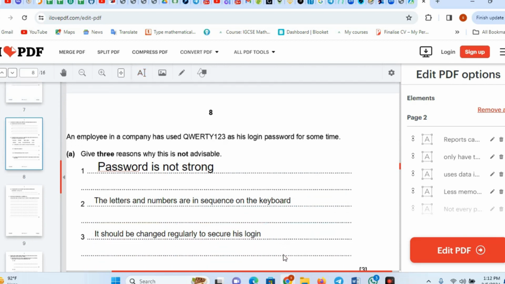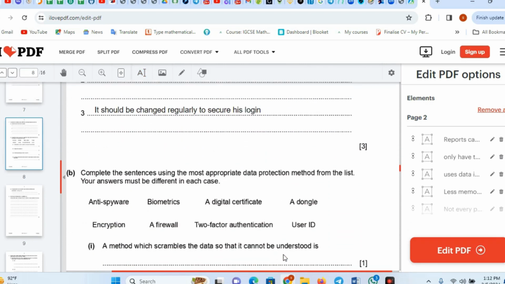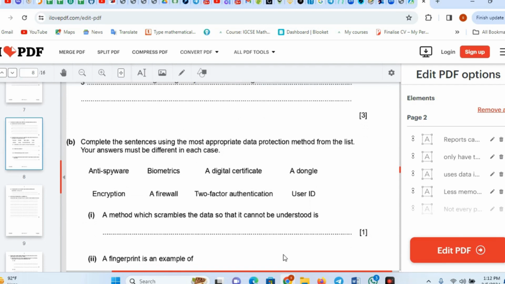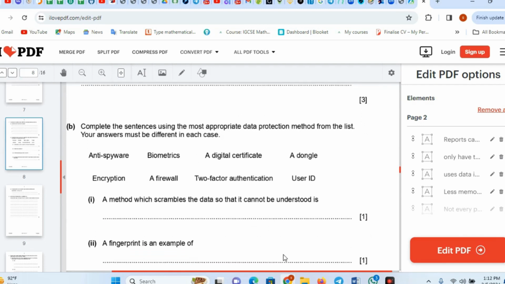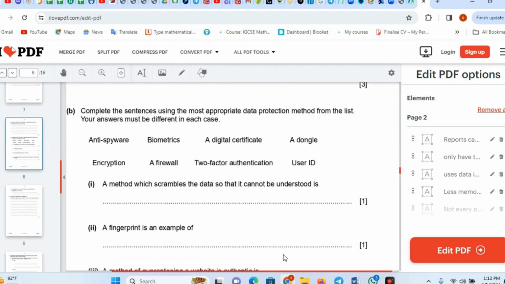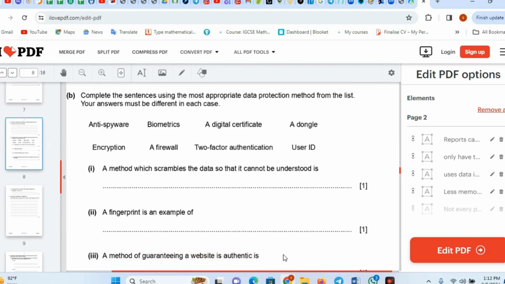All right, let's proceed. The next question says, complete the sentences using the most appropriate data protection method from the list. Your answers must be different in each case. So it says a method which scrambles the data so that it cannot be understood is what? Out of this now, which of these scrambles the data so that it cannot be understood?